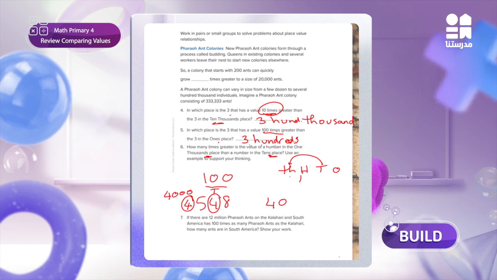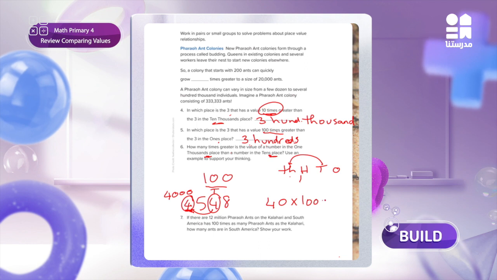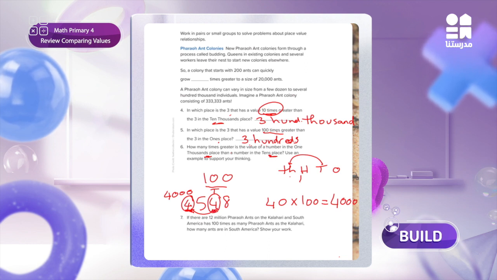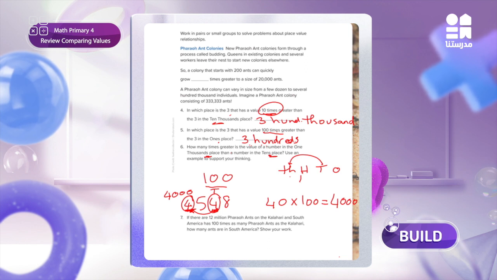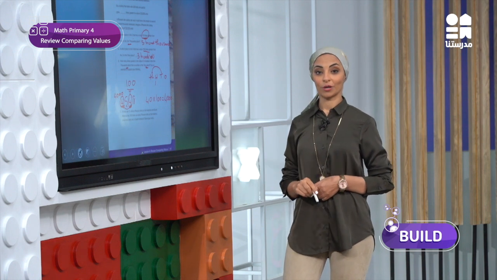Okay, so 4000 is greater than 40 by what? Yes, by 100. If I make 40 times 100, it will give me 4000, right? So, to move from the 10th place to the 1000th place, I will multiply by 100 because here I have 2 places, right? I hope you understand this example very well.